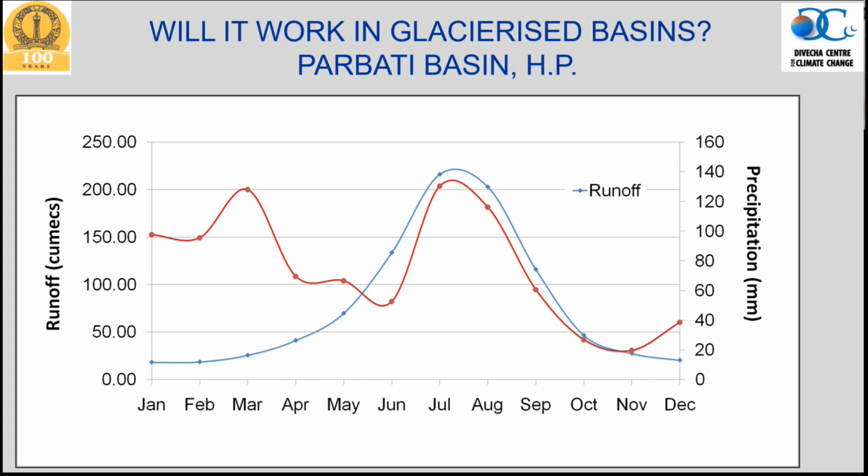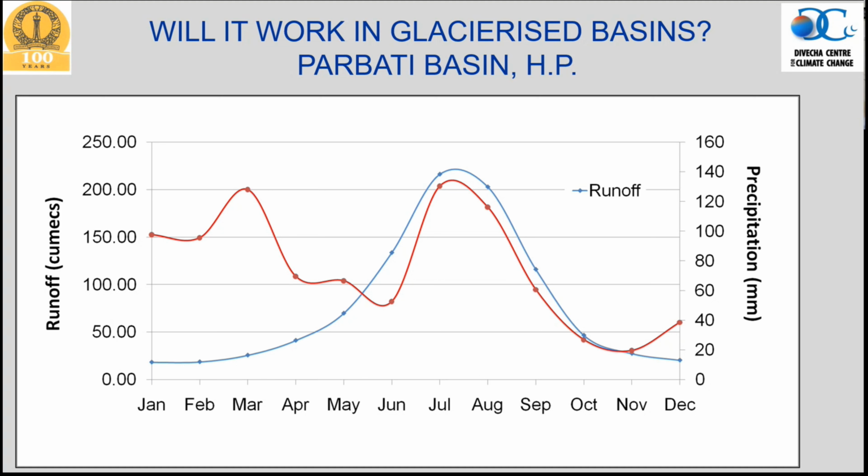So what really happens is, even though the precipitation is reduced, runoff starts increasing. As summer comes, precipitation reduces, but runoff is also increasing. And then, of course, there is the monsoon time when precipitation is large and runoff is also large.